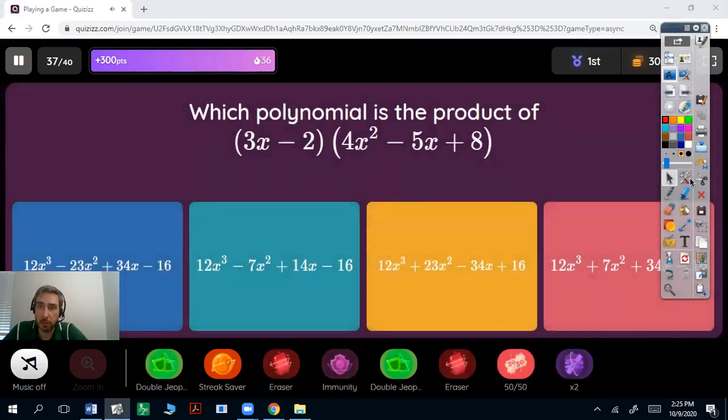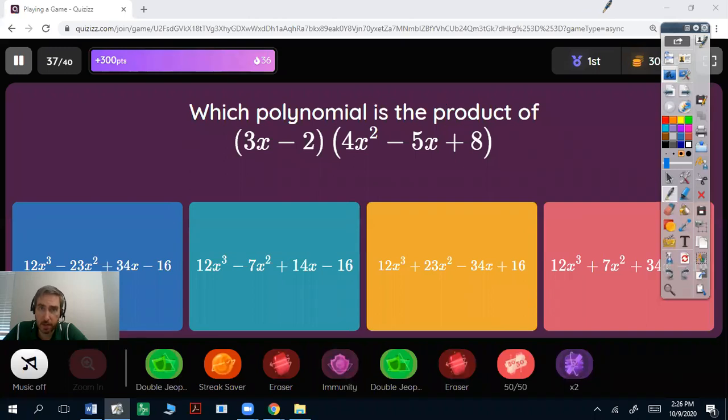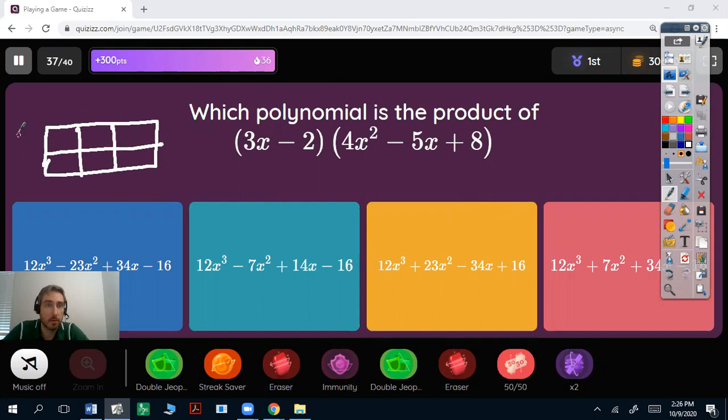All right, which polynomial is the product of 3x minus 2 times 4x squared minus 5x plus 8? We're going to multiply together. So I'll just do a little box method, I guess. Get that multiplied. Got 3x, negative 2, 4x squared, negative 5x, and 8.